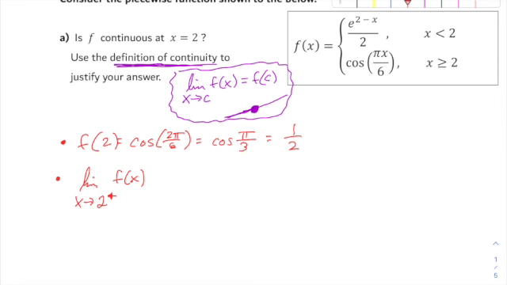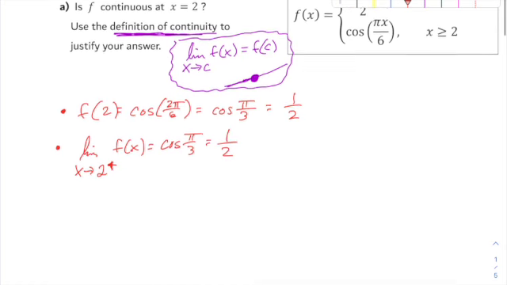And the reason I'm going to do the right is because I essentially already did this a moment ago, because for x values greater than or equal to 2, you're using this function. I used that when finding f of 2, and for my limit from the right, I'm doing the same thing. You're plugging into that, and you're getting the same cosine of pi over 3, which is 1/2. So you may think that's obvious, but you still want to show it.